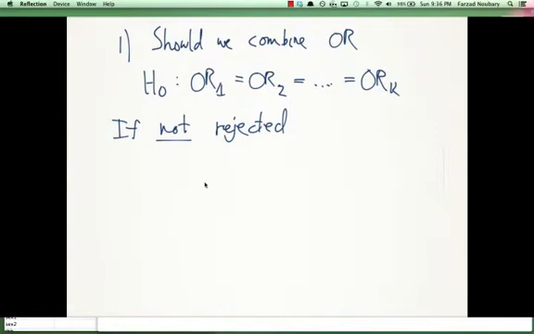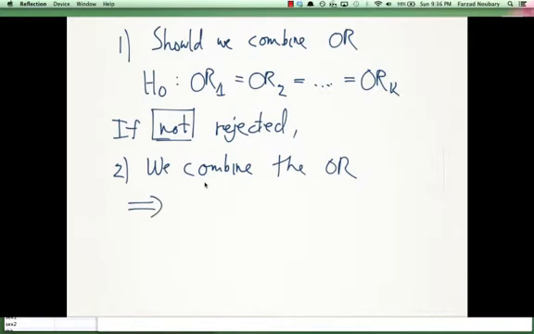But if the test for homogeneity is not rejected, then we combine the odds ratios. Okay, and this is where we use the Mantel-Haenszel method.